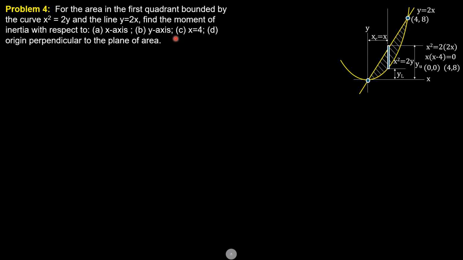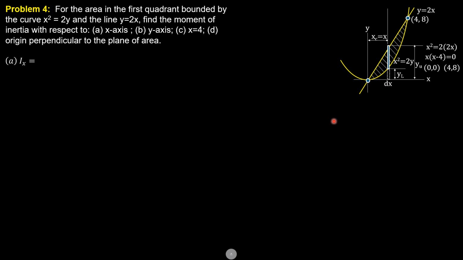So for the moment of inertia of the area with respect to the x-axis, just imagine it as the moment of inertia of the big rectangle minus the moment of inertia of the small rectangle. The big rectangle has height upper y, the smaller rectangle has height lower y, and the moment of inertia is 1/3 base, which in this case is dx, times height cubed.